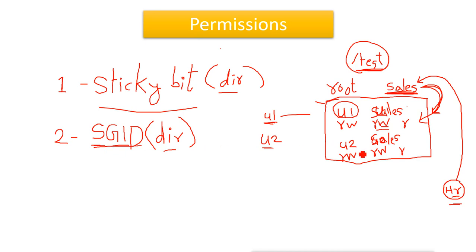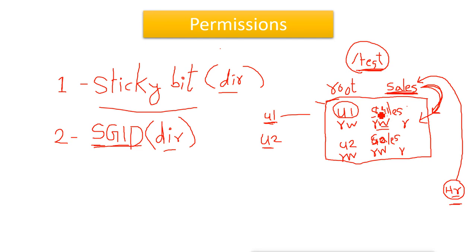Now if the files already exist, the permission of those files will not change. The group ownership of those files will not change. Only new files created after setting the GID will change. Whatever files are already there, we have to change manually.